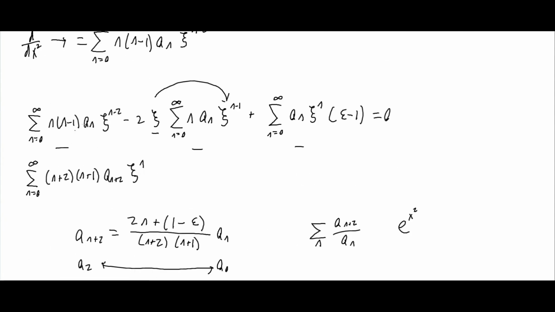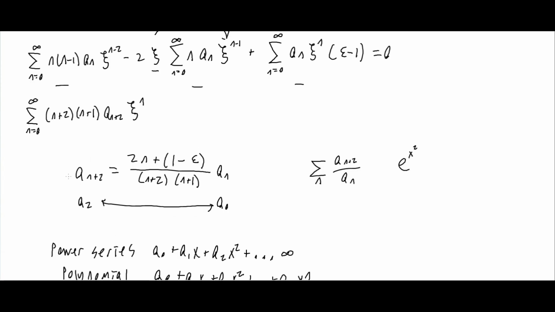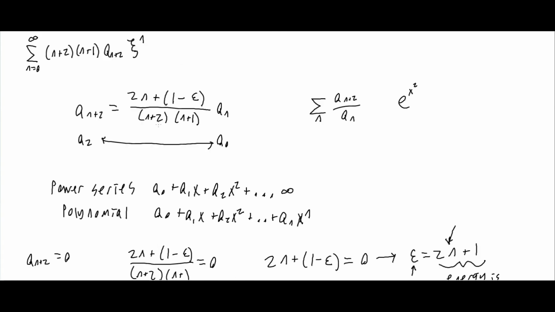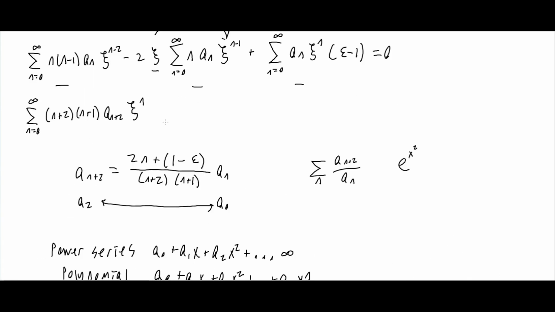We put it back into our differential equation, shifting these n's around so that we could get all the xi's to the n power. And from there, if we took every term from each of these, we could end up getting this recursion formula here.